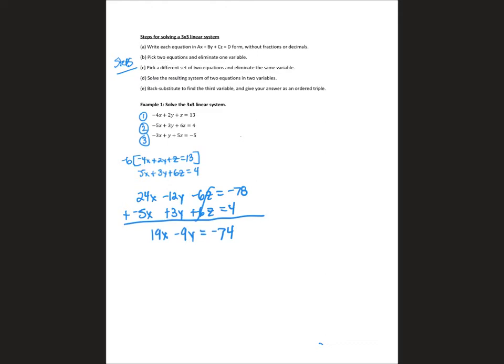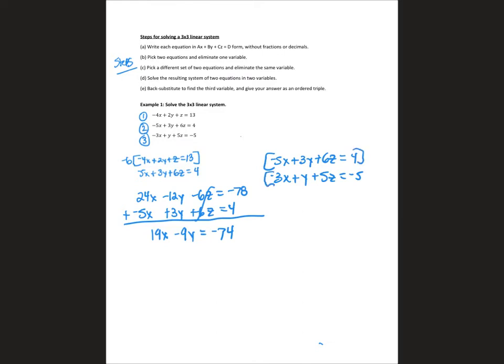Now maybe I'll pick the bottom 2 equations, which would be negative 5x plus 3y plus 6z equals 4, and negative 3x plus y plus 5z equals negative 5. And here's the important part. I have to eliminate the same variable as I did in the previous steps. In that previous section, I eliminated z. So I need to eliminate z again.